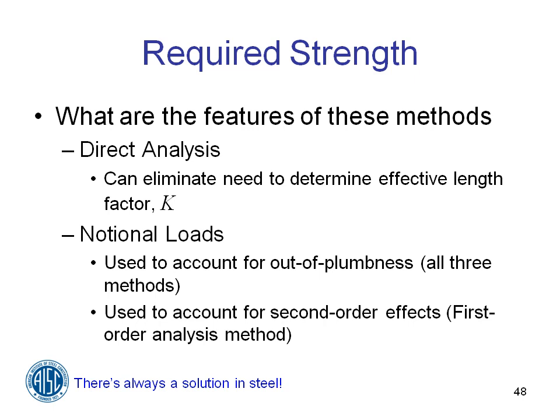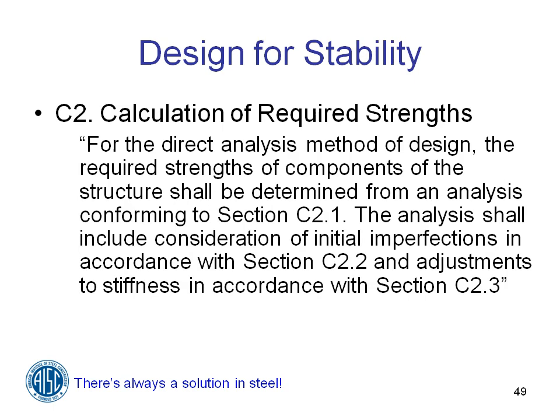And then the notional loads can also be used to account for second order effects, and that's what is done in the first order analysis method. So these are the new things, notional loads and eliminating the need to calculate K if you go with the direct analysis method. So remember, C1 talked about all the basic stability design requirements.